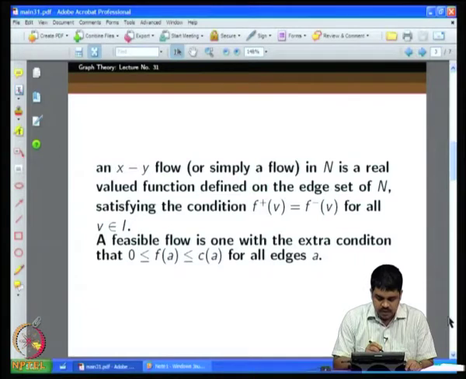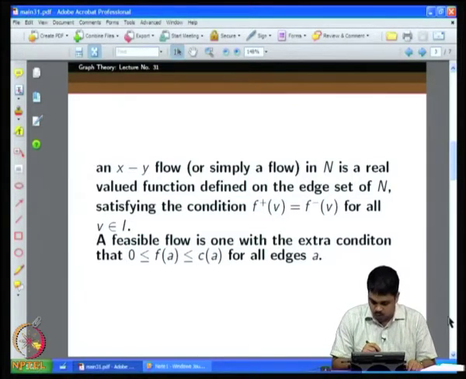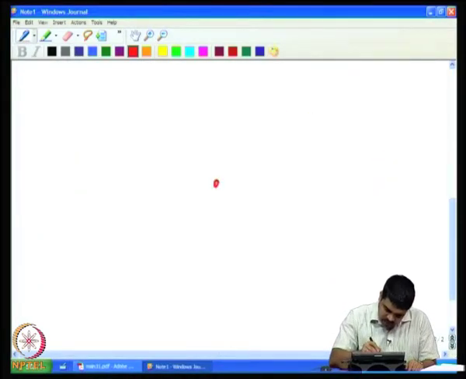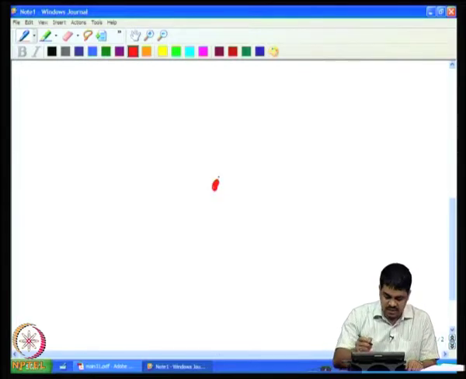So, it is a real valued function defined on the set of edges of the network, but the only thing is it should satisfy a constraint for each vertex which is not x or y. The outgoing flow has to be equal to the incoming flow. What do I mean by that? So, for instance, if I consider a vertex here which is not x or y, x is source, y is sink, other than x and y the remaining vertices are called the intermediate vertices, right.